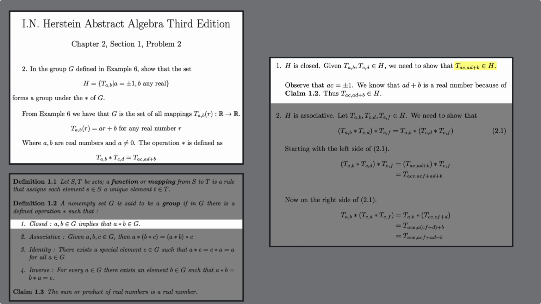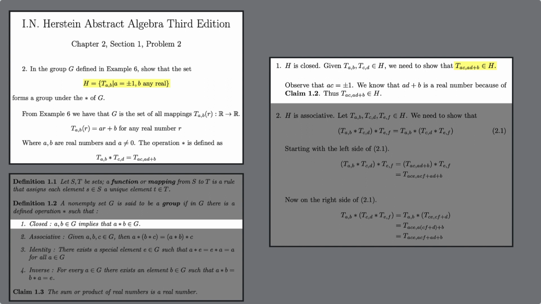Well, what are the conditions to be a member of H? We know these are mappings from R to R. But to be a member of H, our first subscript has to be plus or minus 1, and our second subscript has to be a real number. Here, A and C are both plus or minus 1, so their product will either be 1 or negative 1. How can I say that A and C are both plus or minus 1?